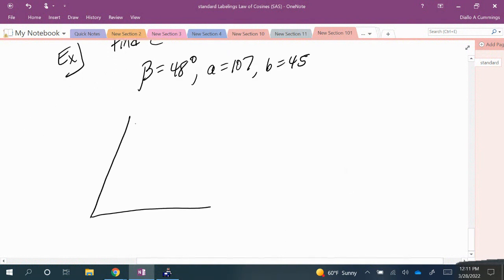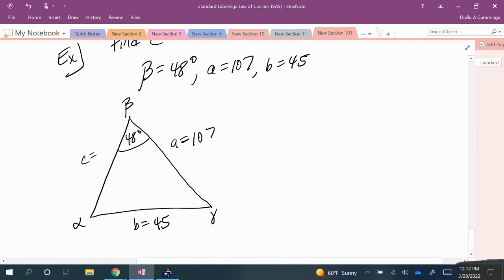All right, so I'm going to sketch this out. So this is alpha, beta, and gamma. So we have side A opposite alpha, we have side B opposite beta, and C opposite gamma. We're given that beta is 48 degrees. We're given that side length A is 107, and we're given that side length B is 45.